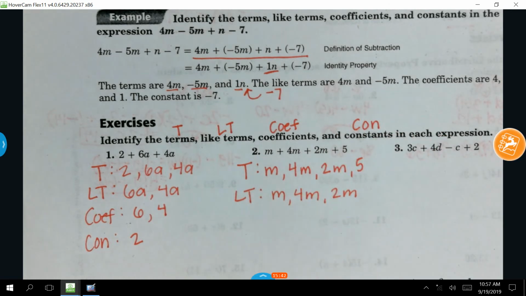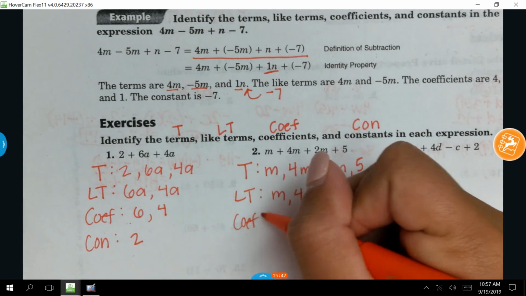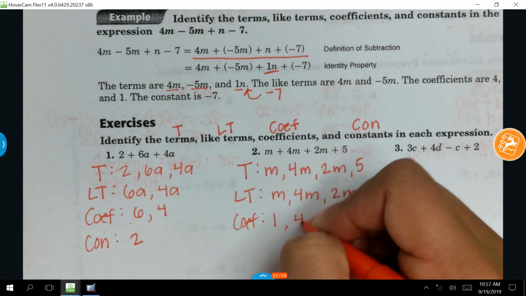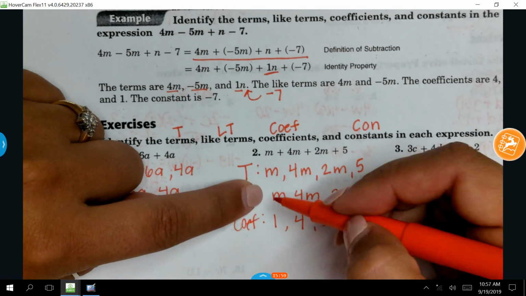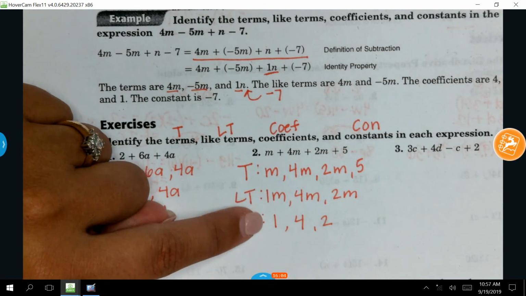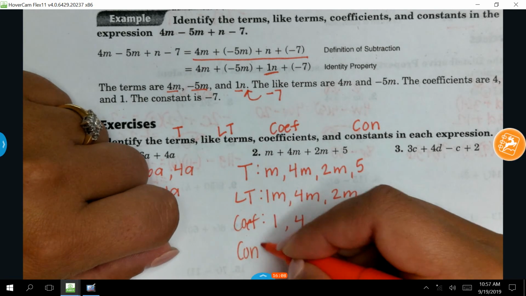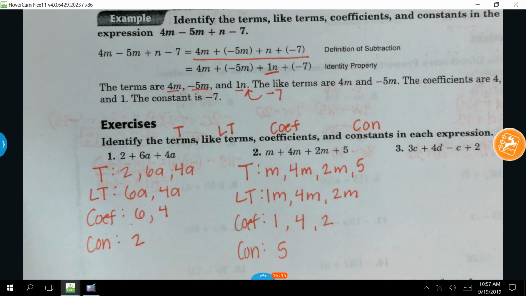Because they all share an M. What about my coefficients? 1, 4, and 2. You cannot forget about that 1 that's in front of that M. Remember that that's an understood 1 right there. So that's why that 1 is a coefficient as well. Okay. And then a constant. What's my constants? 5. It's just that number by itself.